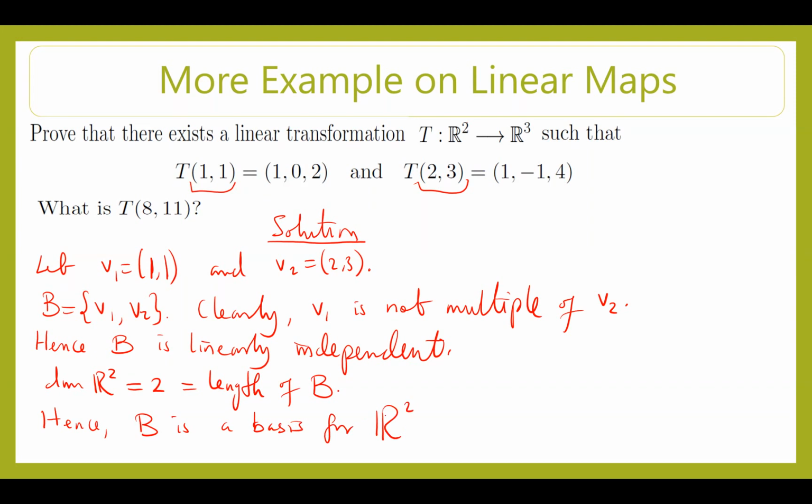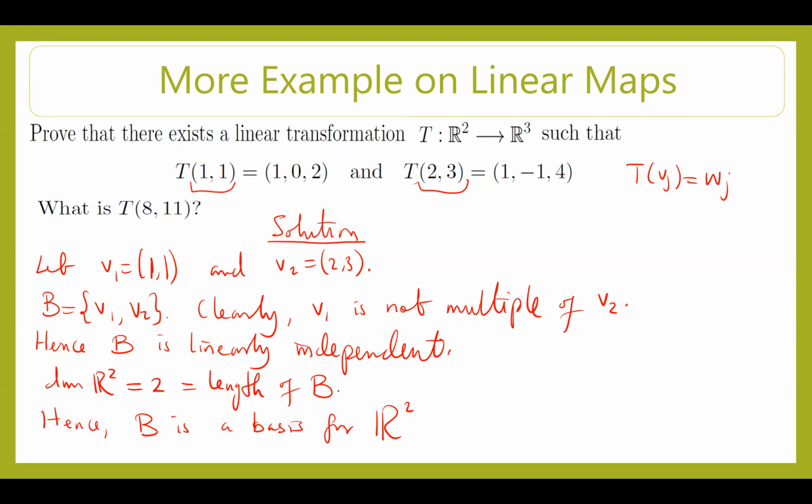Let me repeat myself. I put all these together because I want to use the theorem that says T(Vj) equals Wj, where the Vj are the vectors from the basis. So first I have to show that it's a basis. When I have two elements in the basis, the dimension of the vector space is 2, so all I have to show is either that B is linearly independent or that the span of B equals R2.